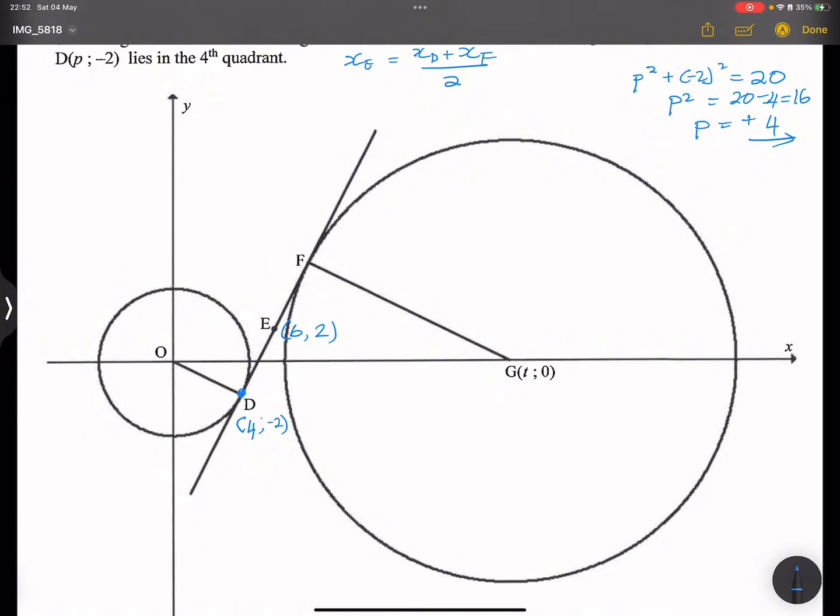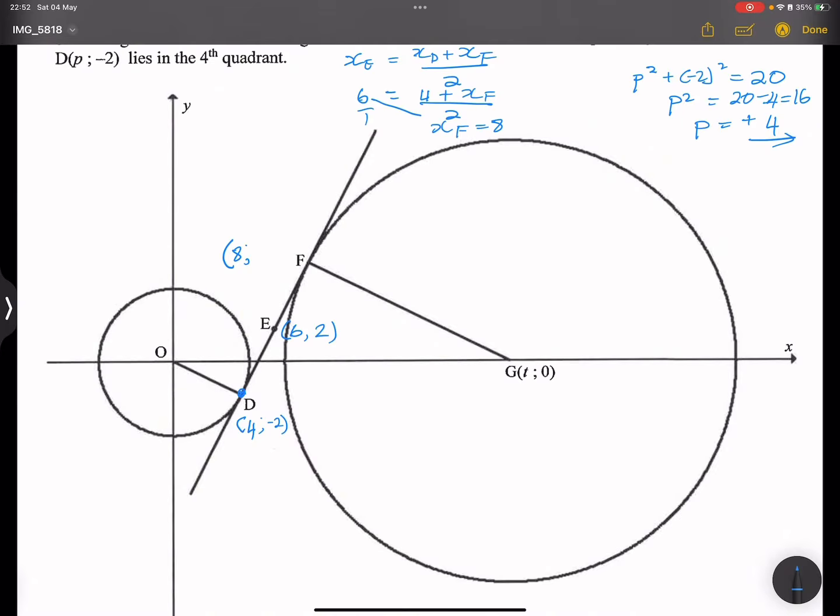So we know the x value at E is equal to 6, and x value at D is 4, plus the x value at F, this is what we are looking for, divided by 2. Now if we cross multiply, that's 2 multiplied by 6, which is 12, minus 4, that gives us 8. So the x value at F is equal to 8. So I'm just going to put that value there. So the x value at F is 8.